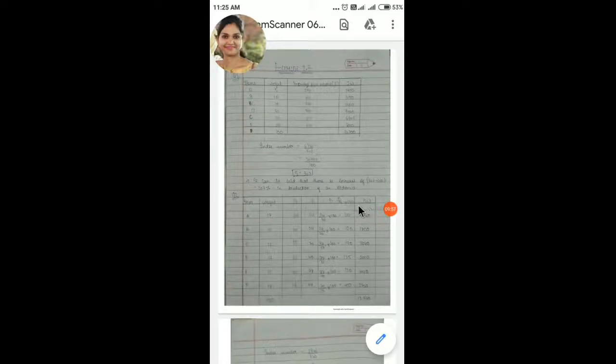Now we have to prepare the next column IW, I into W. This is the W column, this is the I column. So 80 into 17, 1360. 120 into 15, 1800. 140 into 22, 3080. 125 into 16, 2000. 120 into 12, 1440. 150 into 18, so 2700. Now do the total. The total will be 12,380.